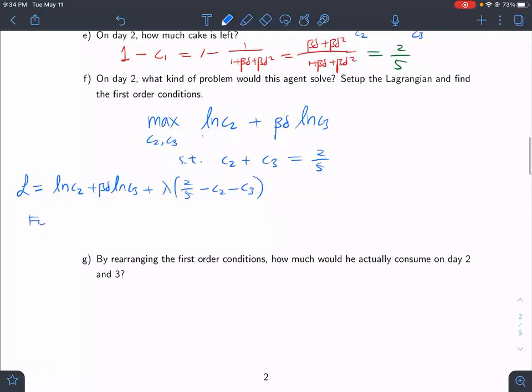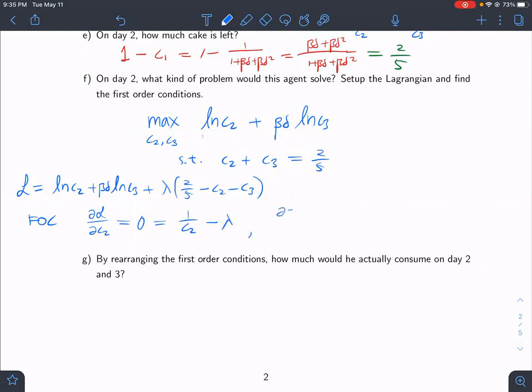And then let me get the first order conditions. We have 2 things to control, so let me differentiate this twice, with C2 and C3. Differentiating with C2, set it to 0, we have 1 over C2 minus lambda.